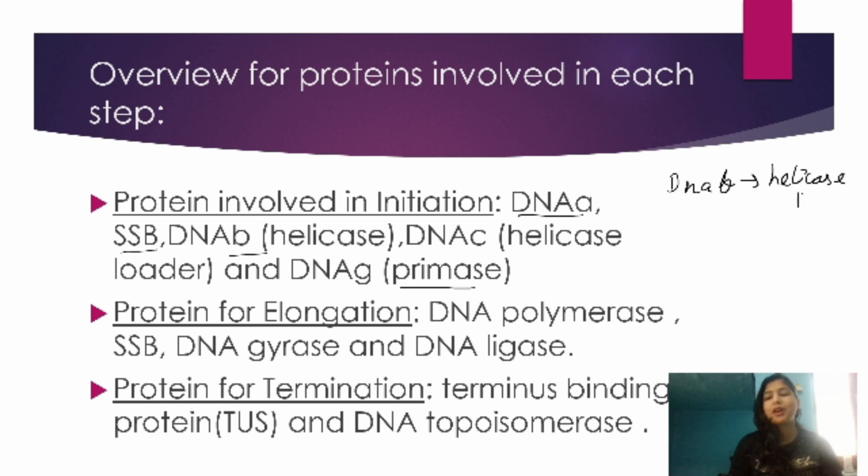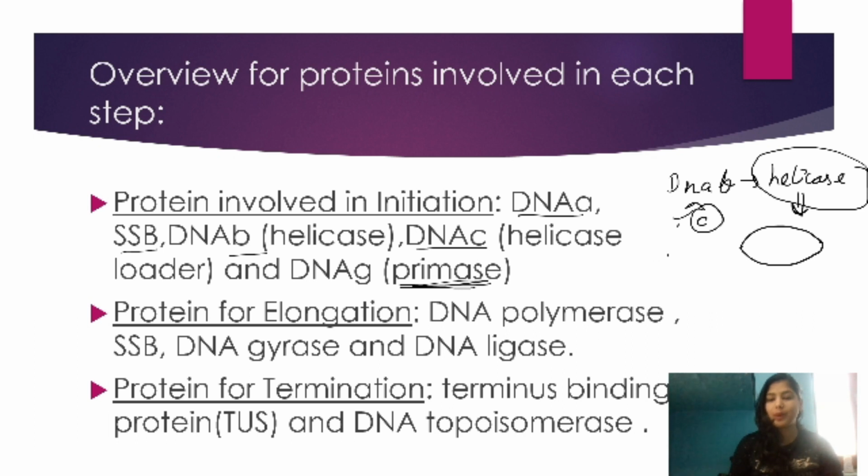The function of helicase is to create a bubble in the double stranded DNA, like to separate out these strands. That is the function of helicase. And helicase also recruits its loader. It comes with its loader, that is known as DNA C, and a primer which will be required to initiate the replication step. So primer is also required, and primer is named as DNA G in the case of prokaryotes.